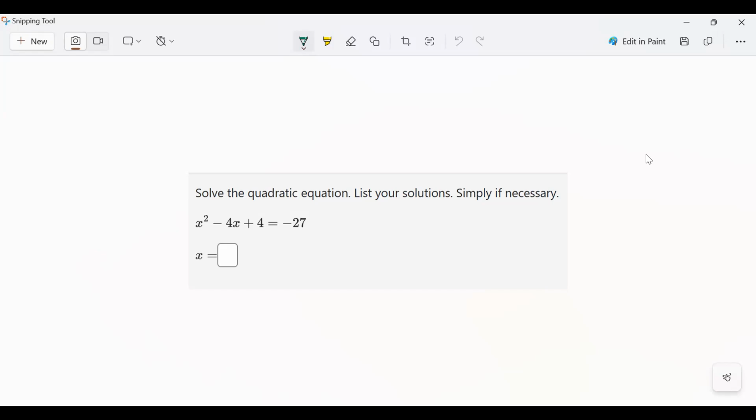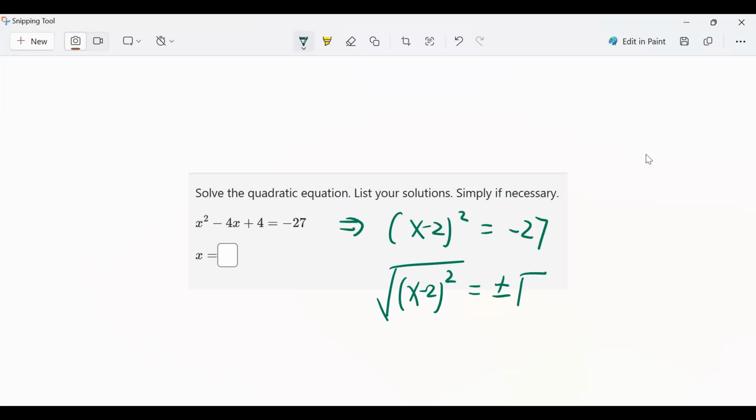Okay, let's go over the solution one more time. Left-hand side becomes (x minus 2) squared. Right-hand side, minus 27. Now take the square root from both sides of the equation. x minus 2 is equal to plus or minus the square root of minus 27.